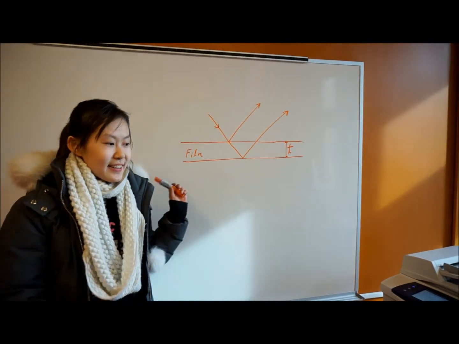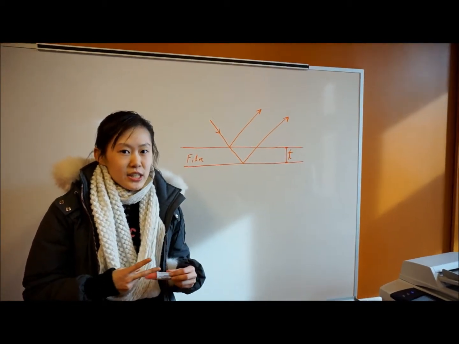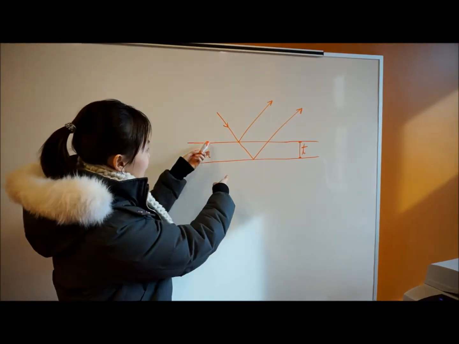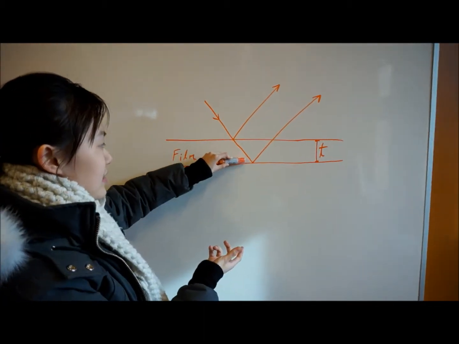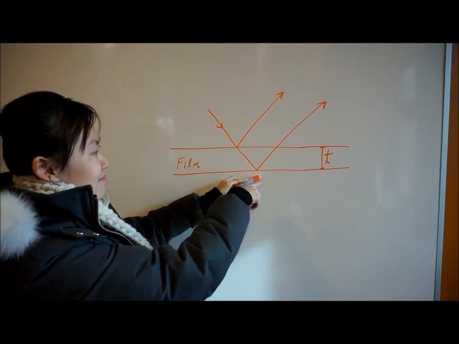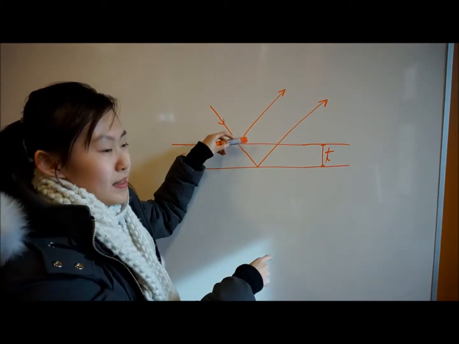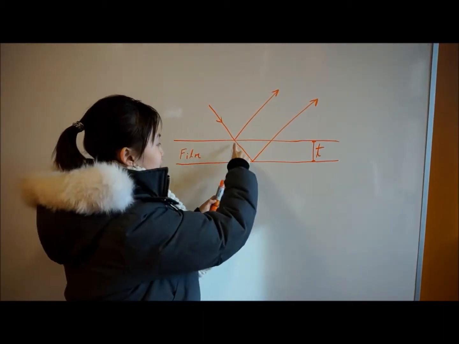Okay, so besides factor 1, which is the phase shift, there's a second factor you have to consider, which is the path difference. The wave that travels to the bottom and reflects travels more than the wave on the top surface. That distance is approximately 2t.